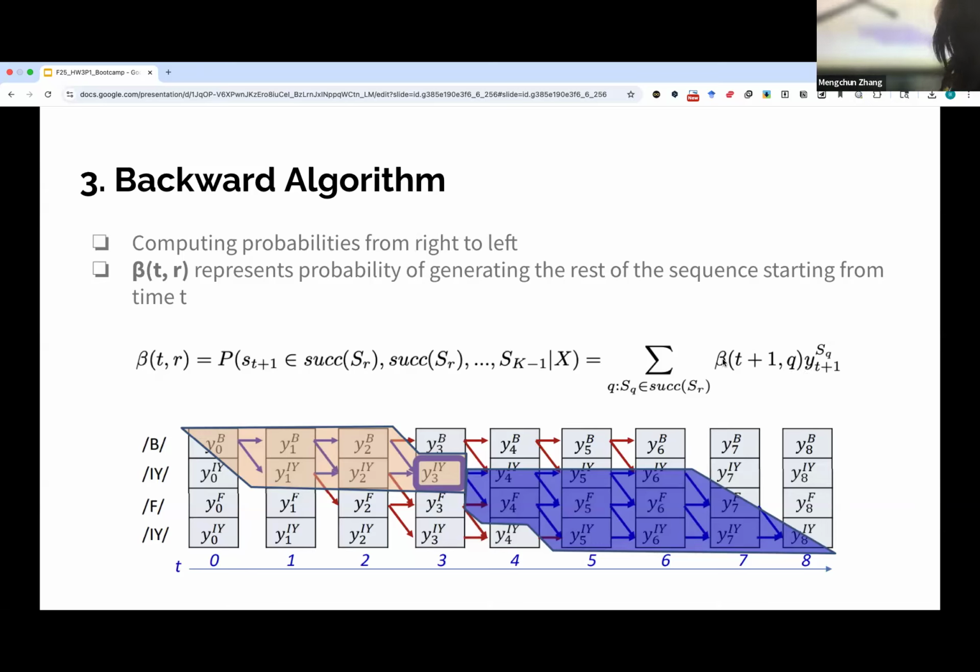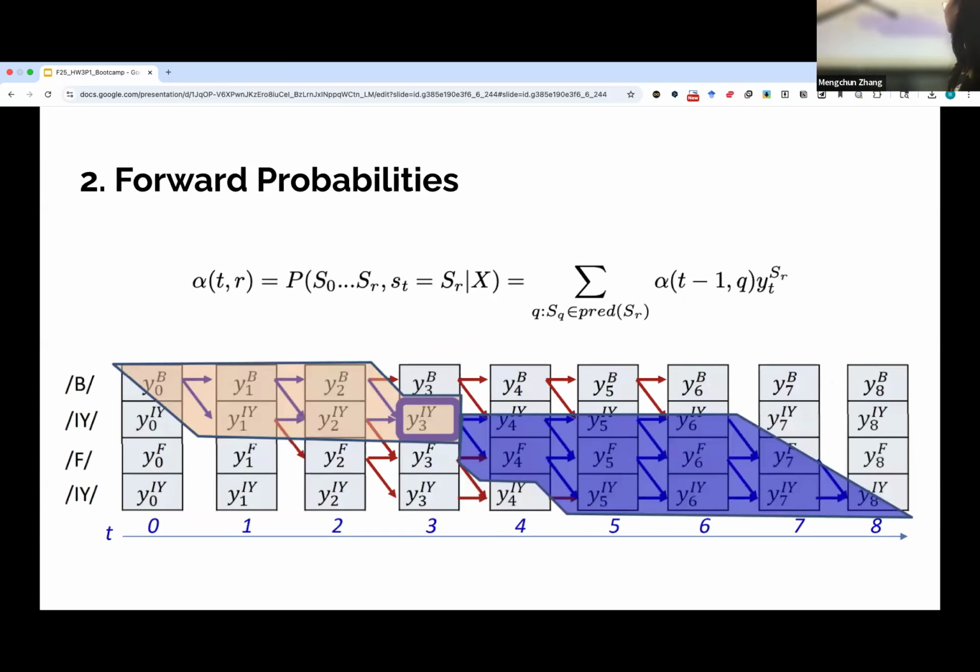You may also notice some differences between this backward algorithm equation and the forward algorithm. In the backward algorithm, we consider the future states and multiply with this yt plus 1. But in the forward path, we consider the previous state alpha t minus 1 and multiply by yt, the probability that the model predicts the current state.